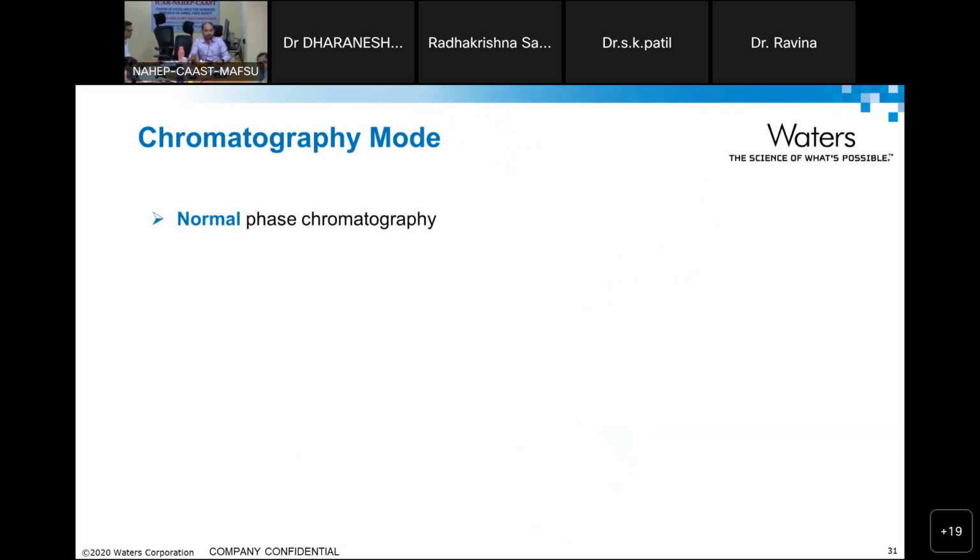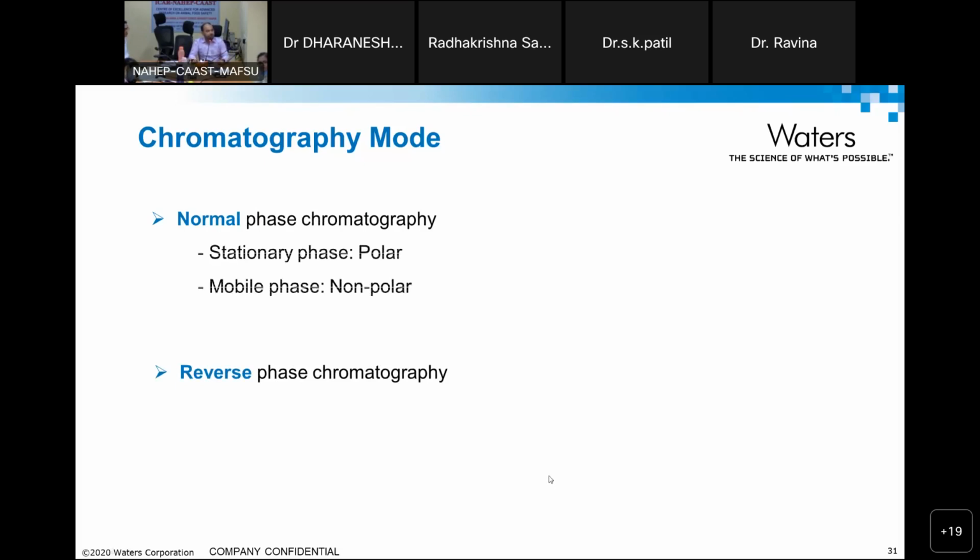So there are two types of chromatographic modes generally. First is normal phase chromatography, and the other one is reverse phase chromatography. Now, what is the difference between normal phase and reverse phase? In normal phase chromatography, the stationary phase is polar and the mobile phase is comparatively non-polar.